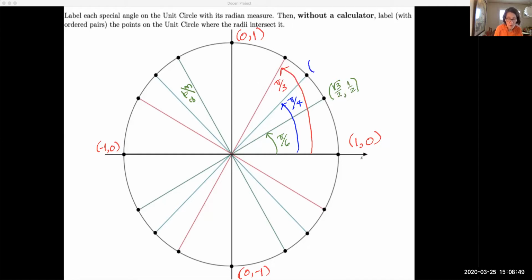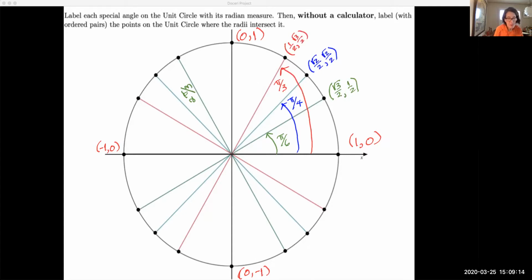For pi/4, that's 45 degrees, the sine and the cosine are the same, √2/2, √2/2. So go around this unit circle and remember, oh, I know the cosine and the sine of that angle. I memorized it. So for this one, it's 1/2 and √3/2.